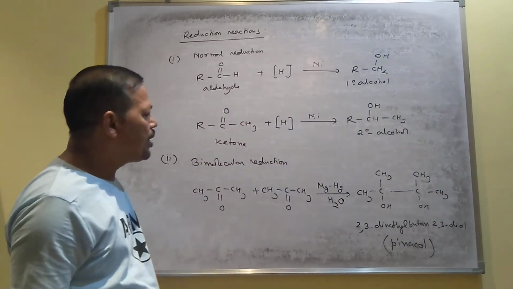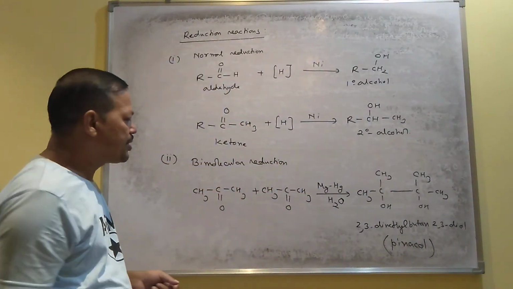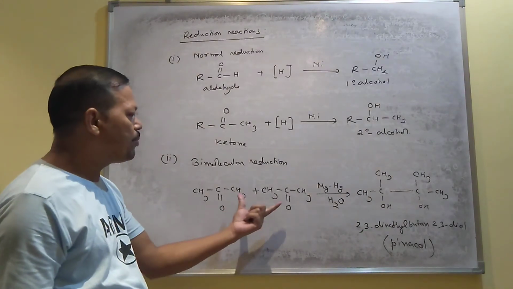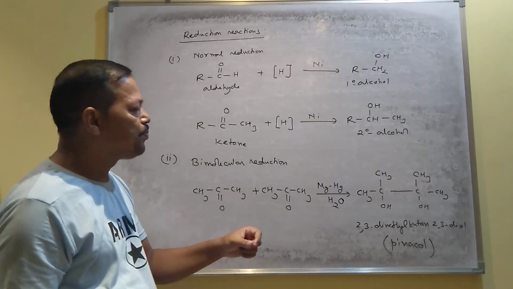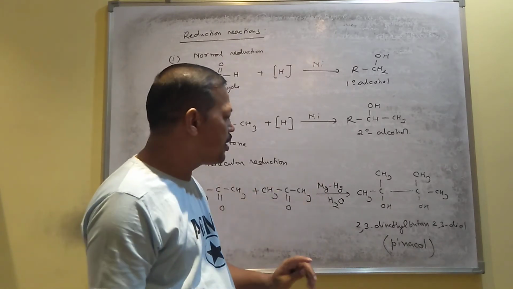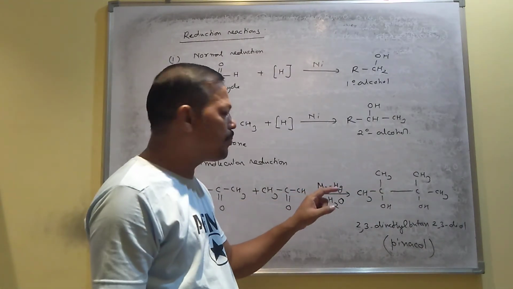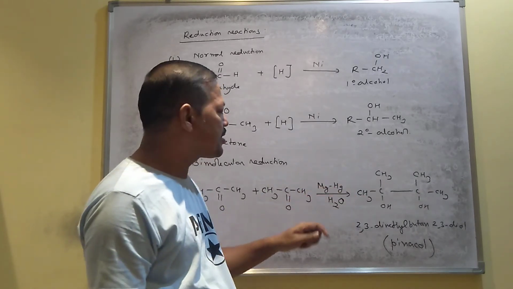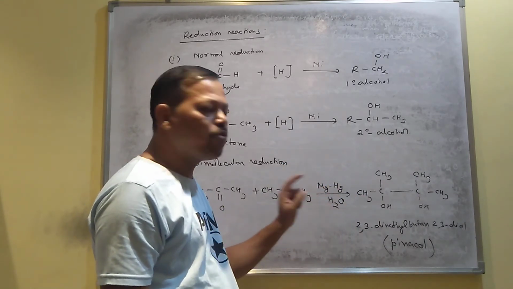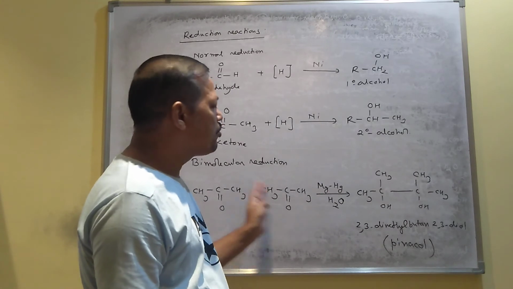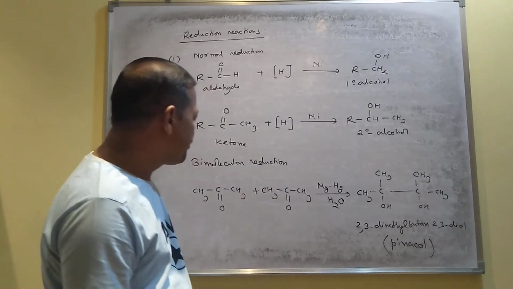So in bimolecular reduction, two molecules combine and some hydrogen is joined with oxygen, and both compounds combine like this. The double bond is converted to a single bond. So here also addition of hydrogen takes place. This is one of the special reductions. You have to add magnesium amalgam and water. Then it will convert to alcohol.